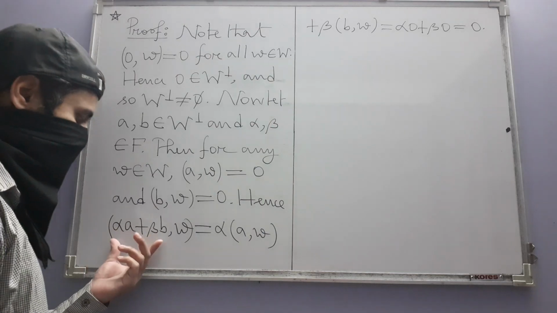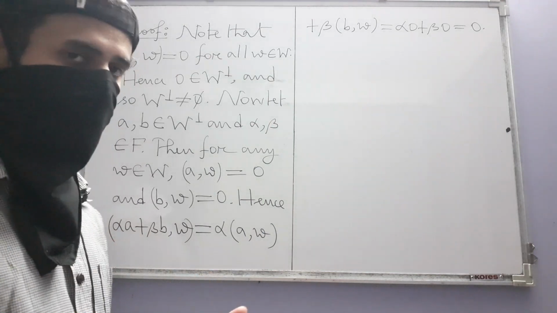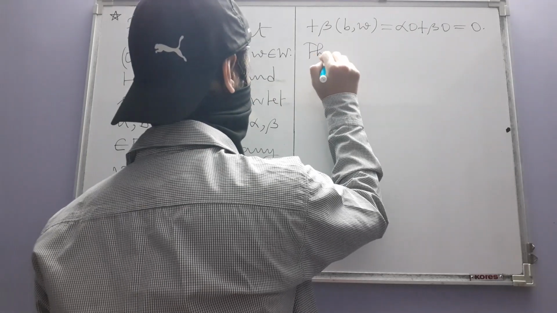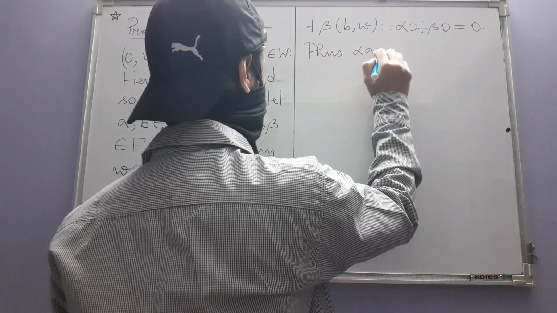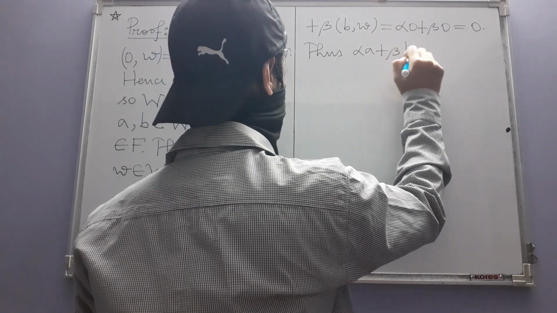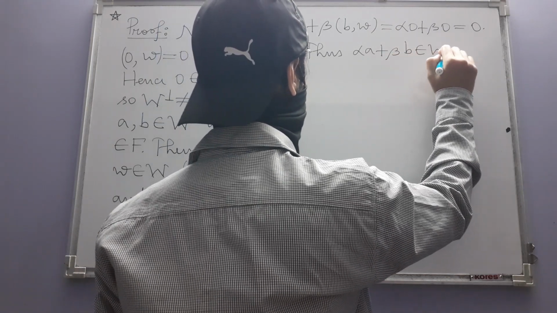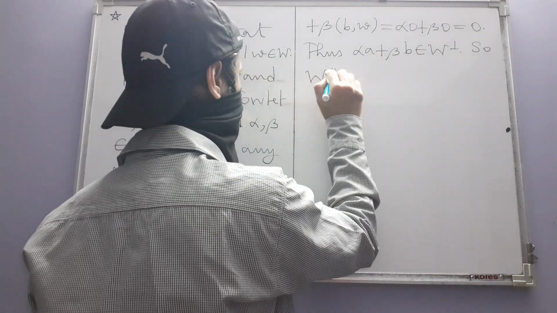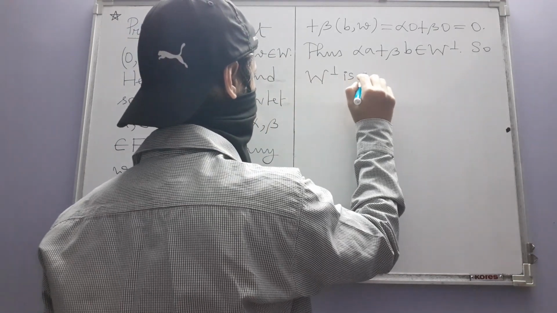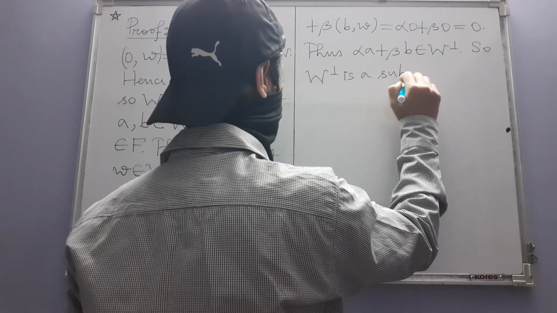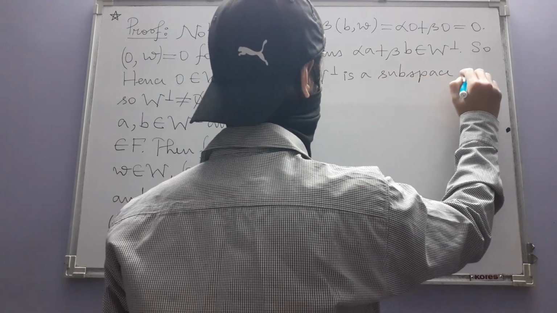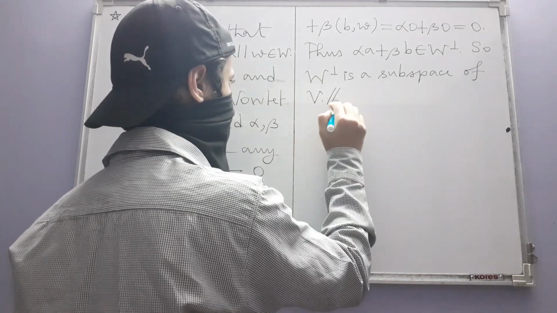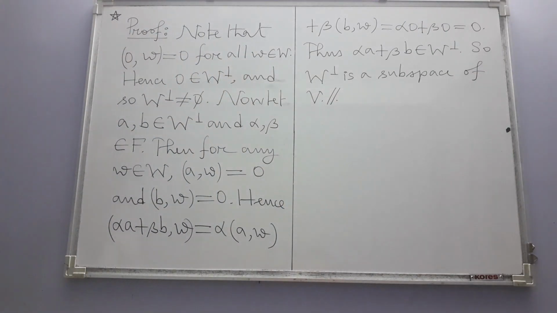This tells us that alpha A plus beta B is also in W perpendicular. Thus, this is a subspace of V. So that completes the proof.